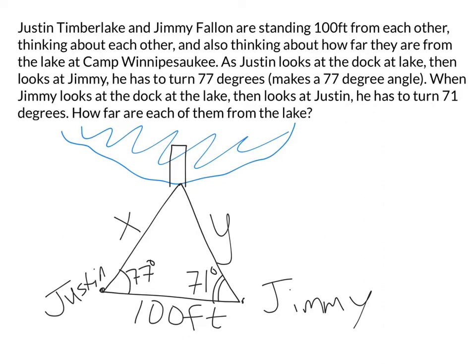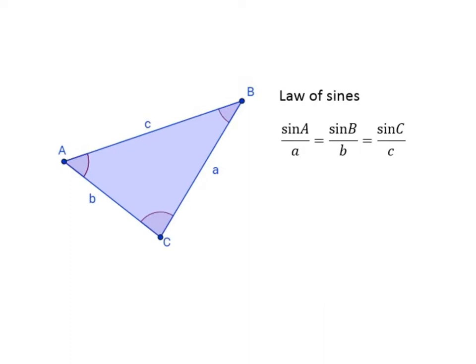So there's this fancy formula called the law of sines, hence the title of this video. It's called Unit 3, Day 6, Law of Sines. Now our law of sines is this. Basically what we have here is a super proportion, where you have a bunch of sine functions, sine of A, sine of B, sine of C, sine of all the angles, and then the sides across from them.